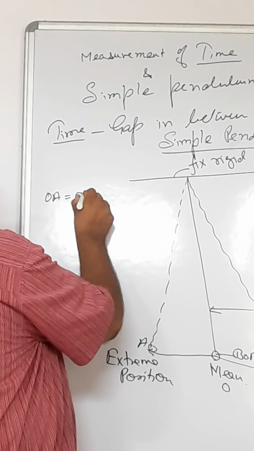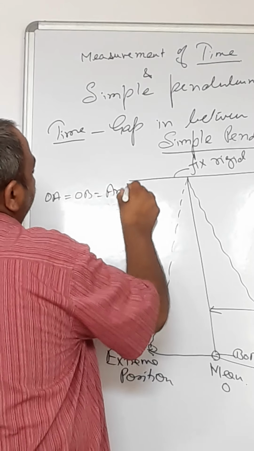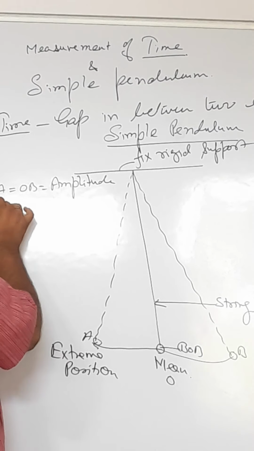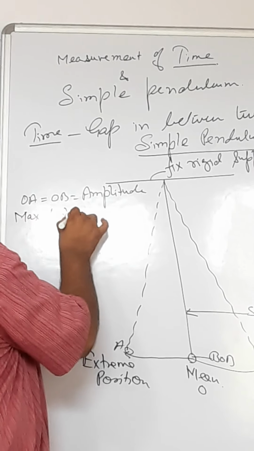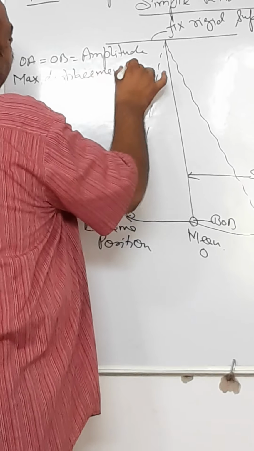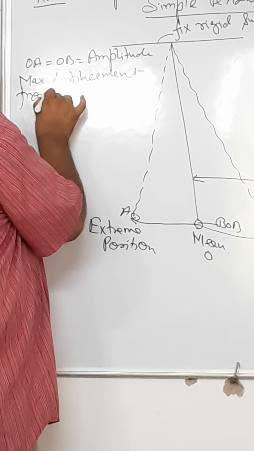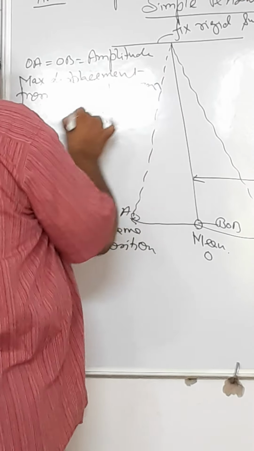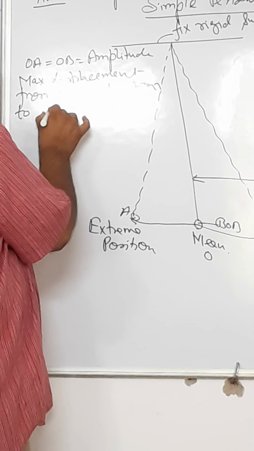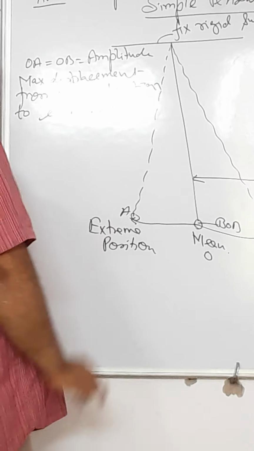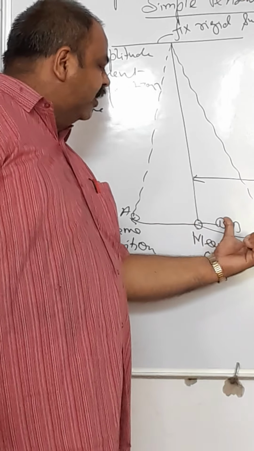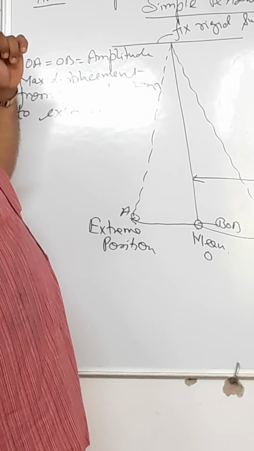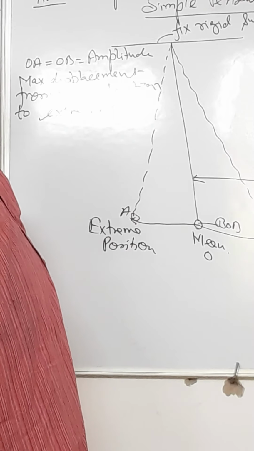OA is equal to OB is equal to amplitude. Amplitude is maximum displacement from mean position to extreme position, on either side, either O to B or O to A. This is said to be the amplitude.